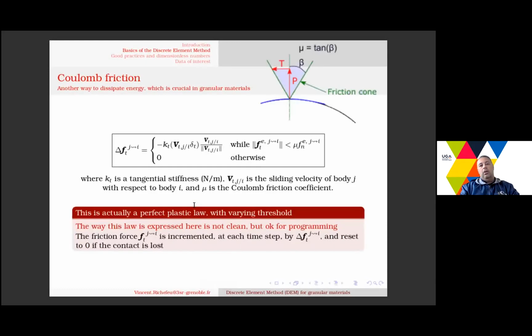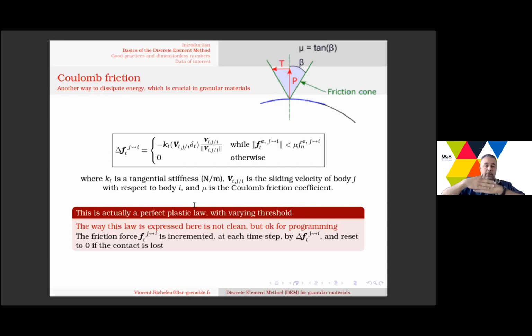Coulomb friction. Okay, when you play with grains at the size of sand, for example, you need Coulomb friction every time. So how to write this? First thing, Coulomb friction is like a perfect plastic law. So we will have a tangential force that will be oriented in the opposite direction to the sliding direction.